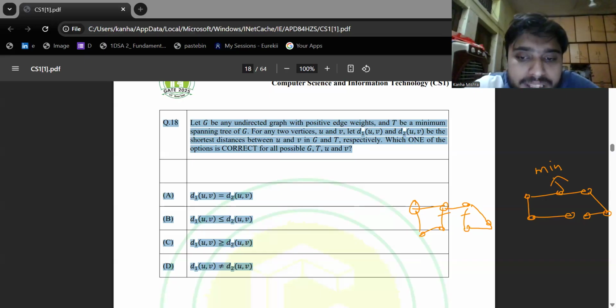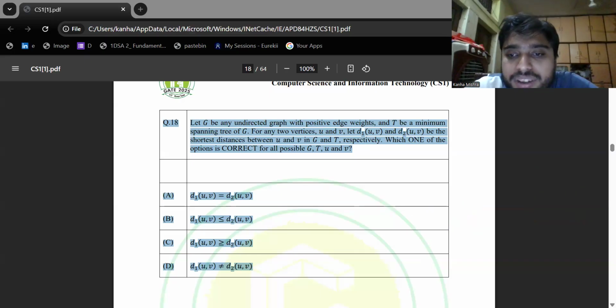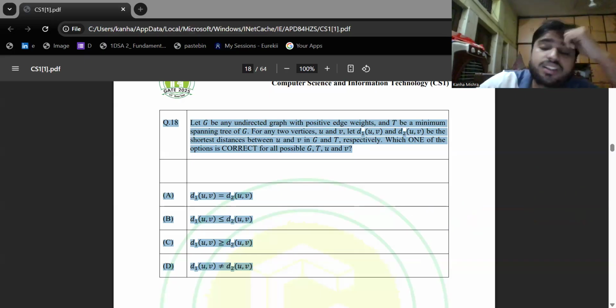I hope the theoretical part is over. For any two vertices U, V, there is only one unique path between them. The distance D2 of U, V is the sum of edge weights along the unique path in the MST. Let's go over the differences. A graph can have cycles; an MST does not.